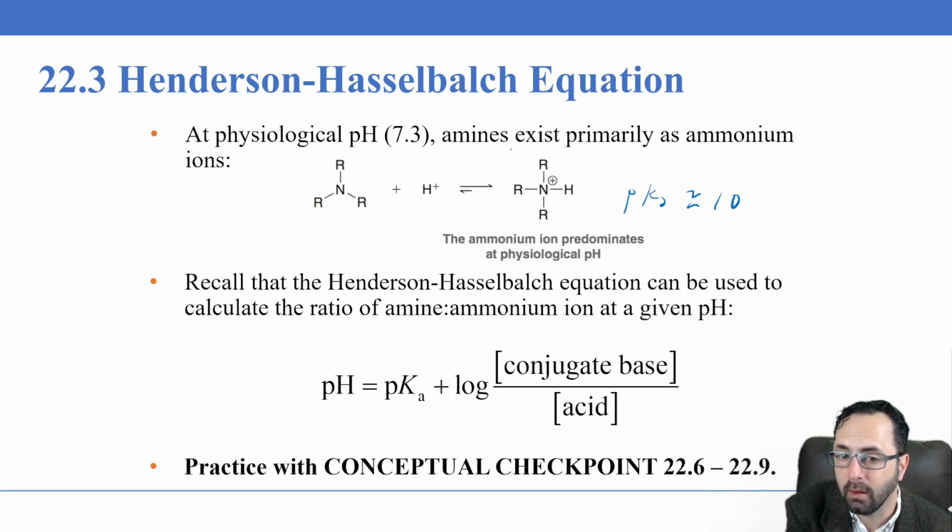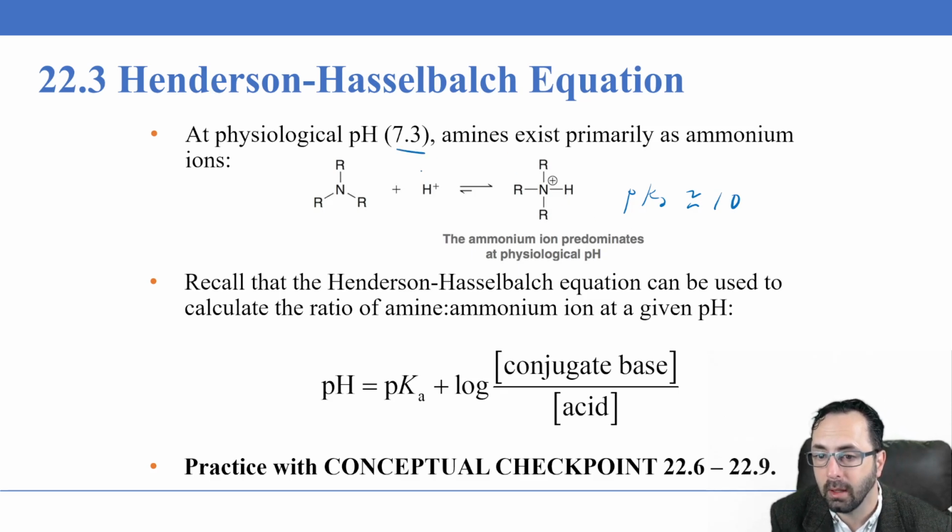The biological pH is around 7.3. These would start to become deprotonated around pH 10, when the pH would be around the pKa. You can analyze this using the Henderson-Hasselbalch equation.